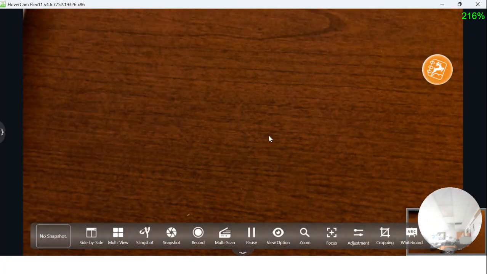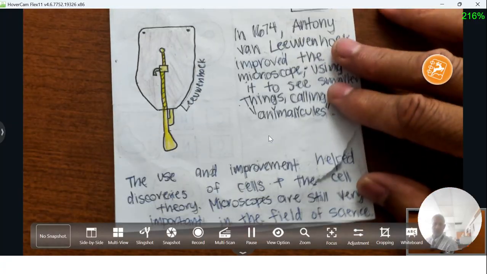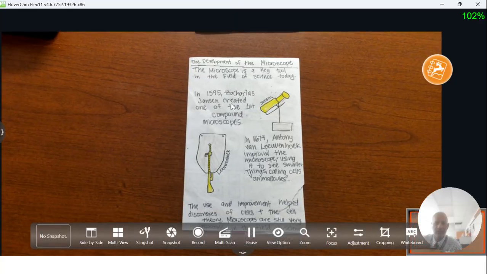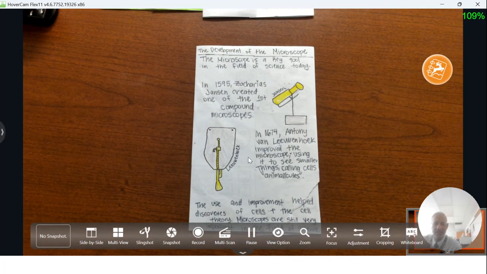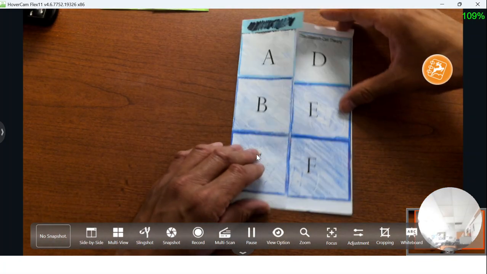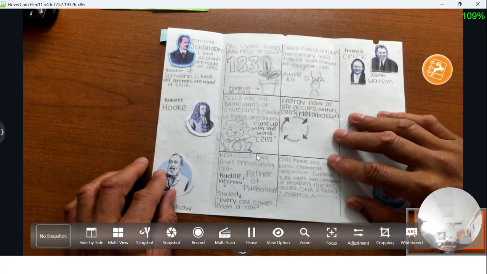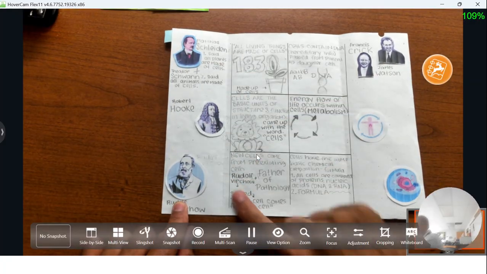But the previous one, they gave me some good artistry here. They show you the development of the microscope from Leeuwenhoek, who perfected the lenses and actually named animalcules. All right. So this one, they printed pictures of all these historical figures.